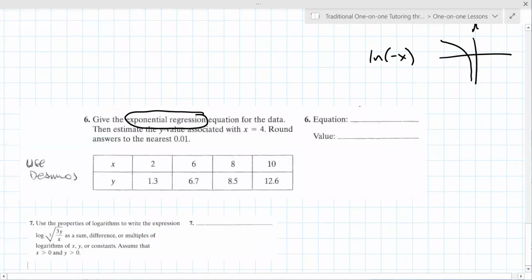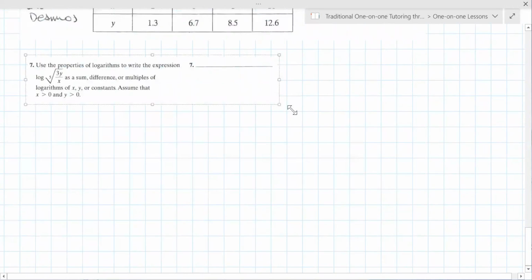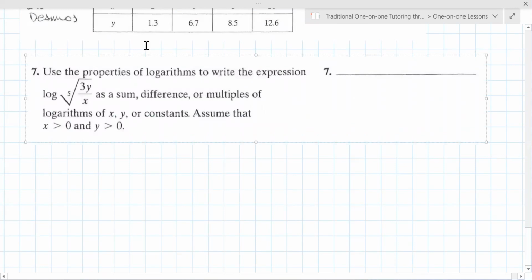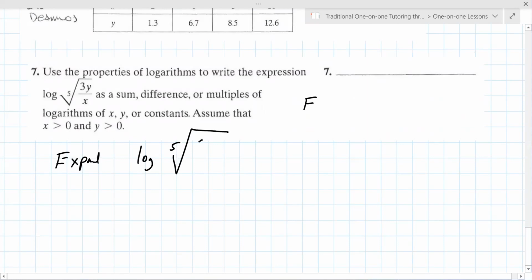Perfect. Okay, so number 7 here, this is a standard type of question that you're going to see. It should just say expand. Let me just write over here. It'll say expand log 5th root 3y over x. And then there'll be another problem that says to compress the logarithm.